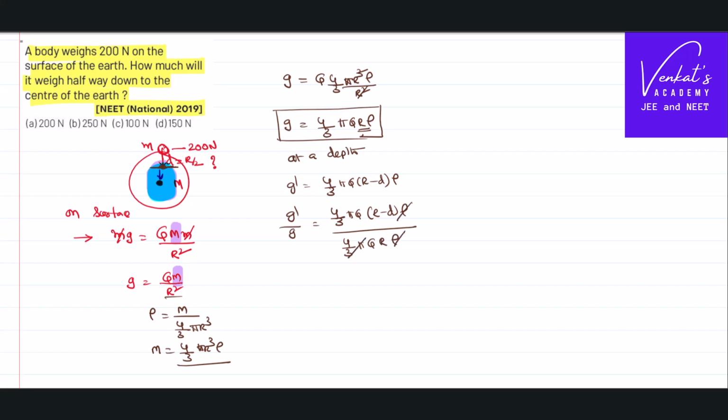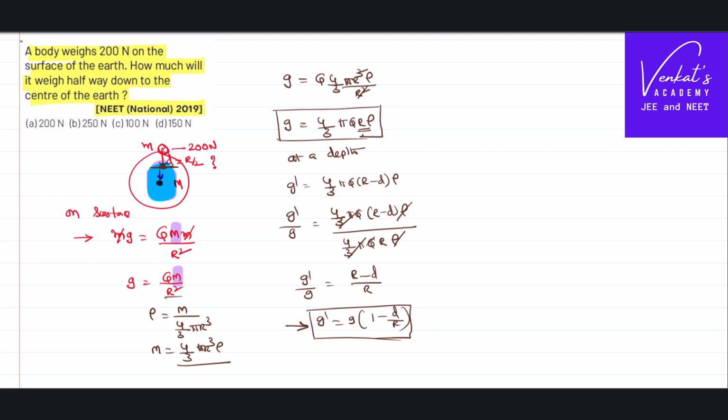Rho's and 4 by 3's and G's will cancel. So g dash by g equal to R minus d by R, or g dash equal to g of 1 minus d by R. I could have used this formula directly, but I have derived it so that you can use it whenever it is required.